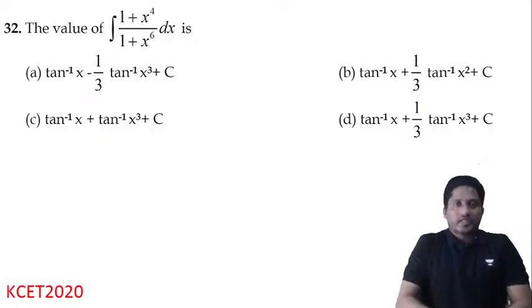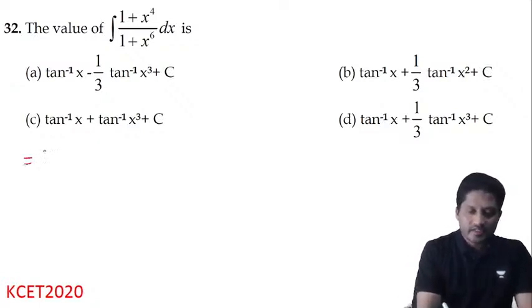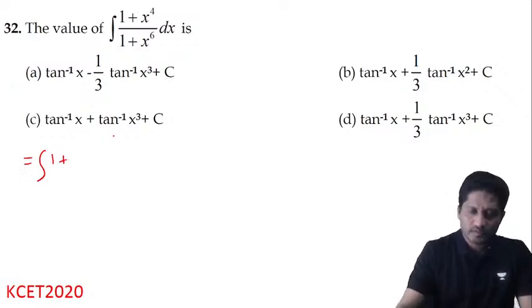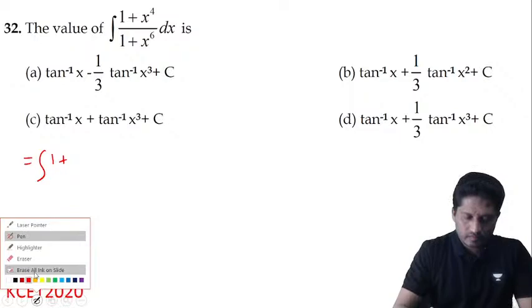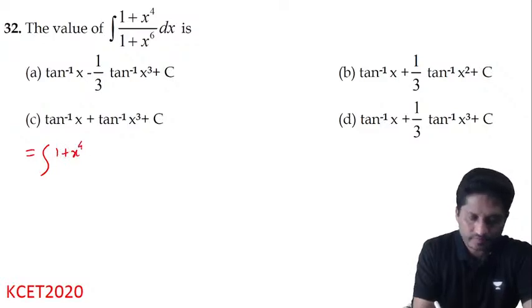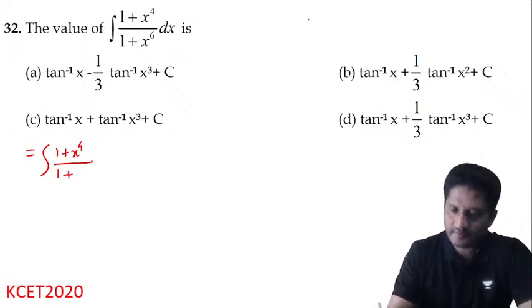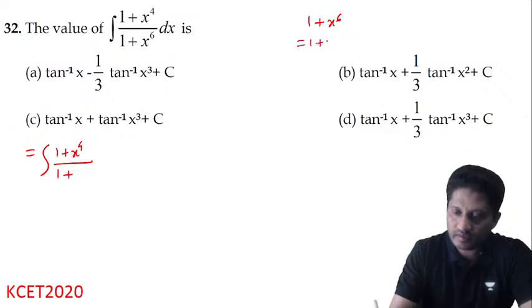The value of integration of (1 plus x power 4) by (1 plus x power 6). Good question, follow carefully. I can write this as integration of (1 plus x to the power of 4) whole divided by (1 plus x power 6). 1 plus x power 6 can be written as (1 plus x square) the whole cube.